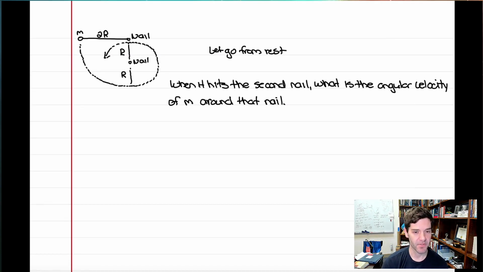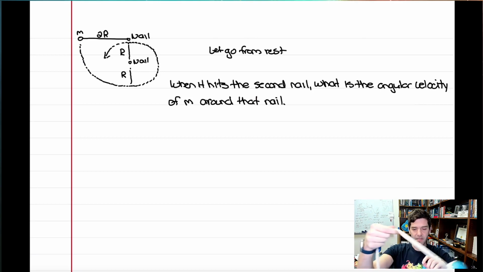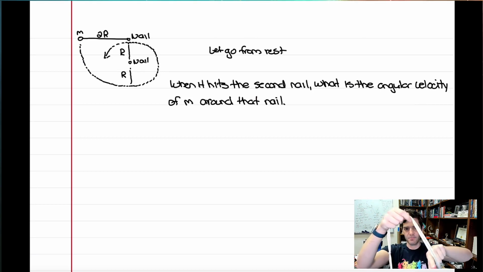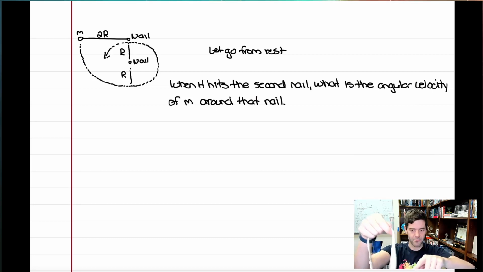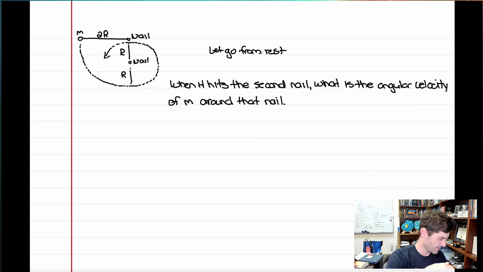So given that this is a bunch of circular motion, you might think that polar coordinates or angular momentum will play a role. And in this case, angular momentum is going to be helpful for us. Because you can think of that second nail as a collision that's happening. Essentially, it falls, but then when it falls, it collides with a nail, or the rope collides with a nail that is present halfway down.